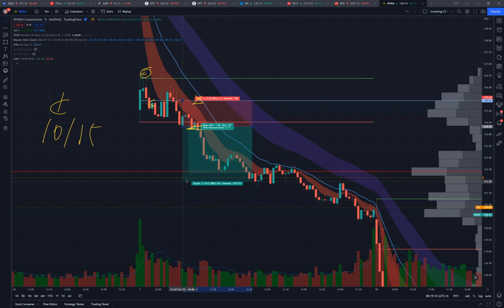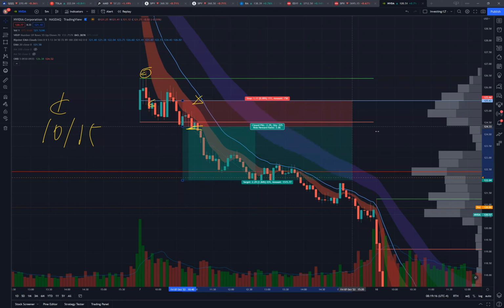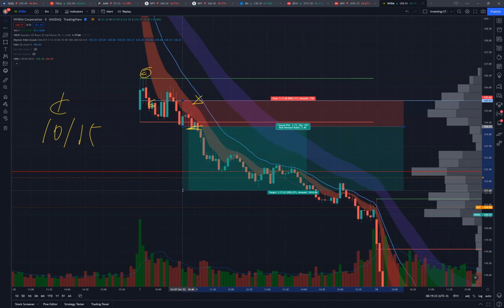Take profit number two is going to be somewhere here. It's going to be very deep into the end of the day. And if you do this correctly, you end up running the position for the majority of the day. Take profit number two, maybe 2.5 times, so it's going to be somewhere in this region, and then down to 3, somewhere down here, down to 3.5, and then the day's pretty much over.